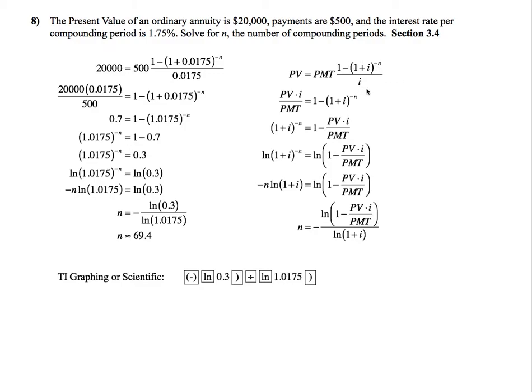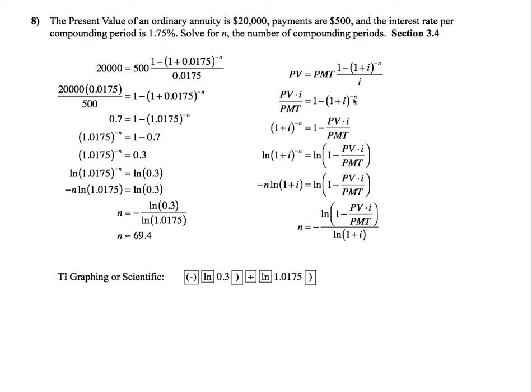And so I multiply both sides of this equation by I over PMT, and that cancels this I in the denominator, and the PMT in the denominator cancels this PMT in the numerator, and that leaves this numerator 1 minus the quantity 1 plus I raised to the negative n.